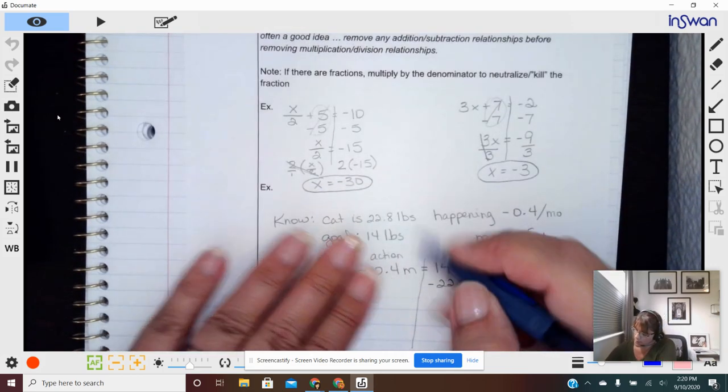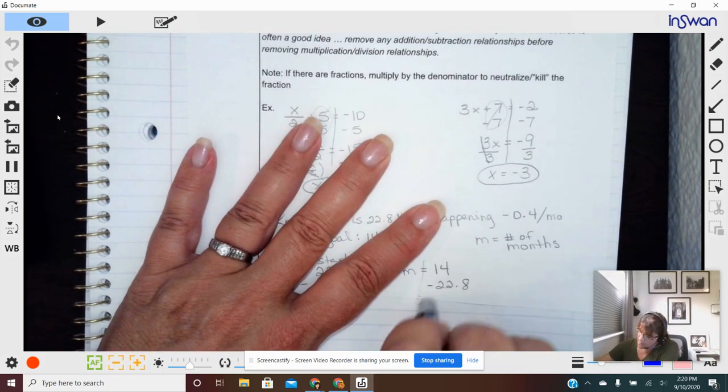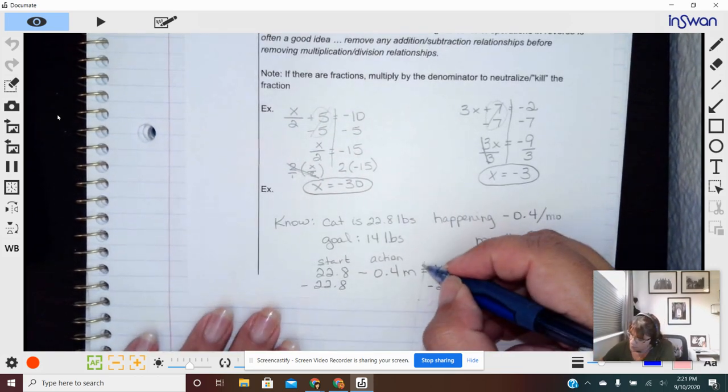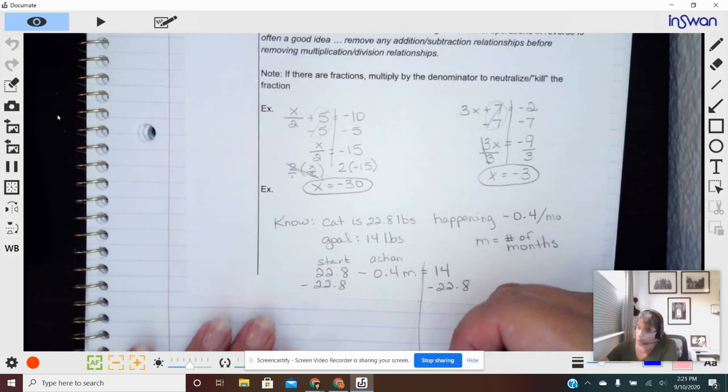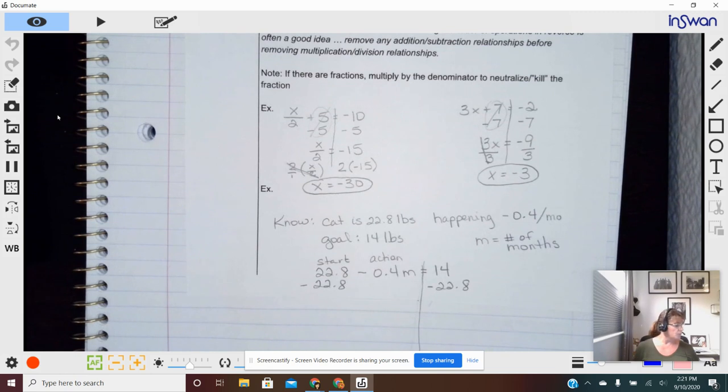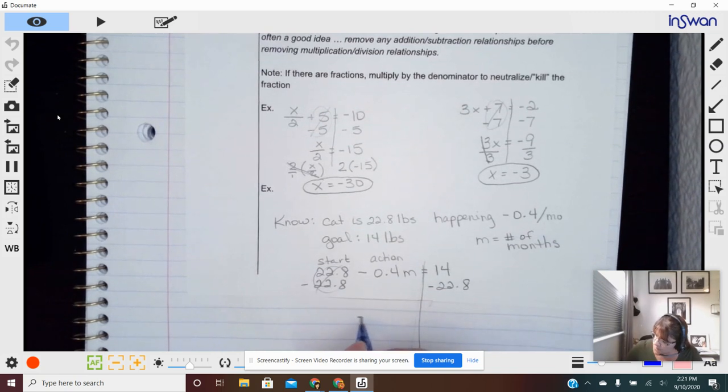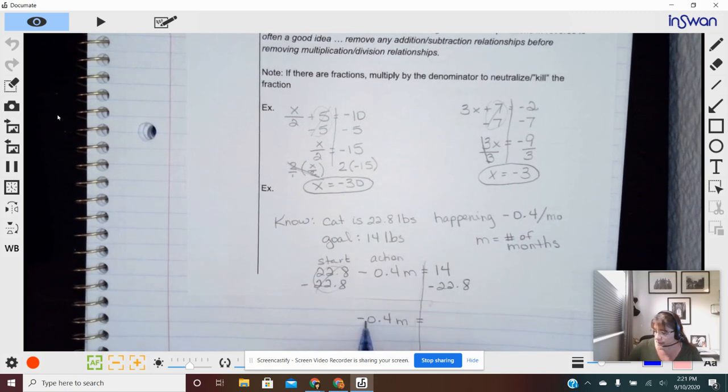I'm going to fix this line because it is unacceptable. There we go. It's a little better. So these cancel each other out. That's nice. And we're left with 0.4m, 4/10 m, and it's still negative. That comes with it. And we have negative 8.8.